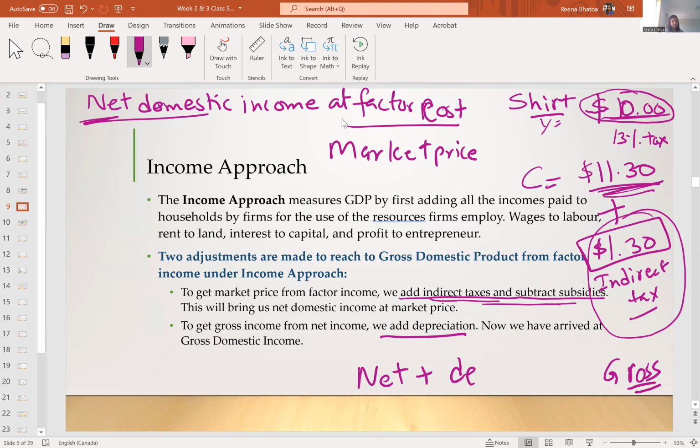Net plus depreciation equals gross. Okay, so it could be gross income, it could be gross investment. So when you want to reach gross investment, we do net investment plus depreciation, it's gross investment. The other example for this is easy. If you are working, your pay stub says you earn something, that is gross income.